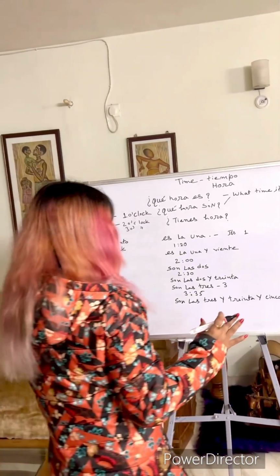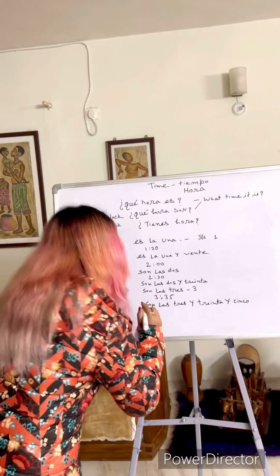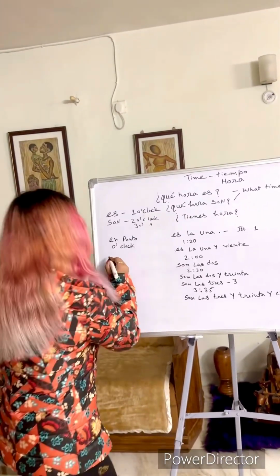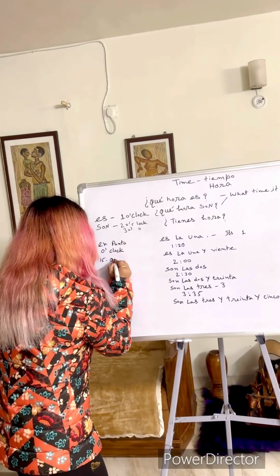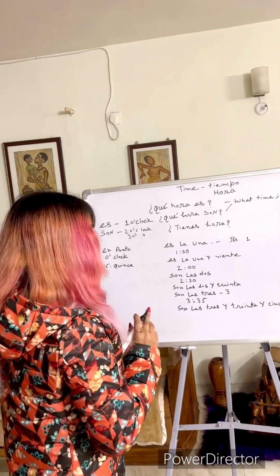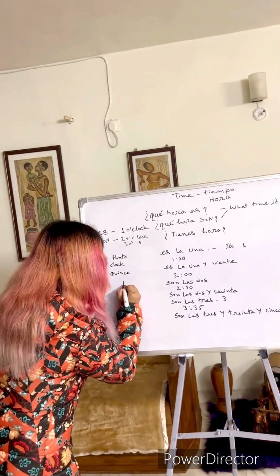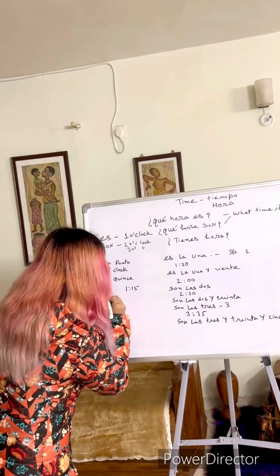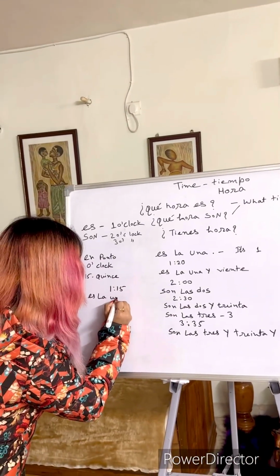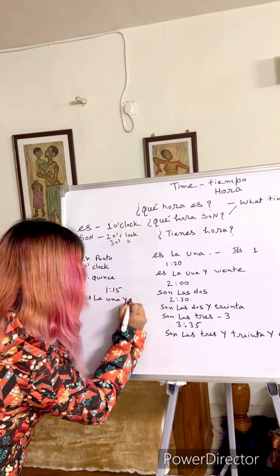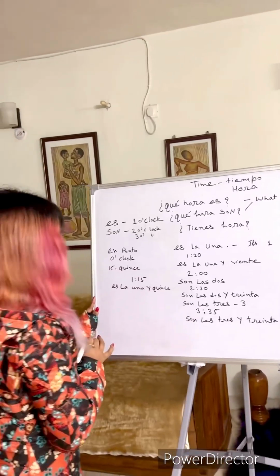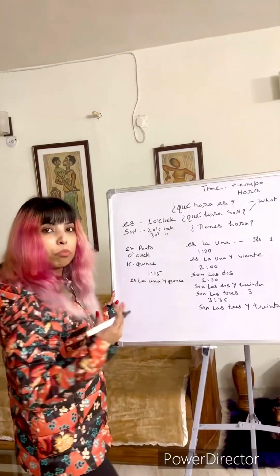And there's one important thing for 15. How do you say 15? Quince. So if it is 1:15, you can say es la una y quince. But there is one better way.